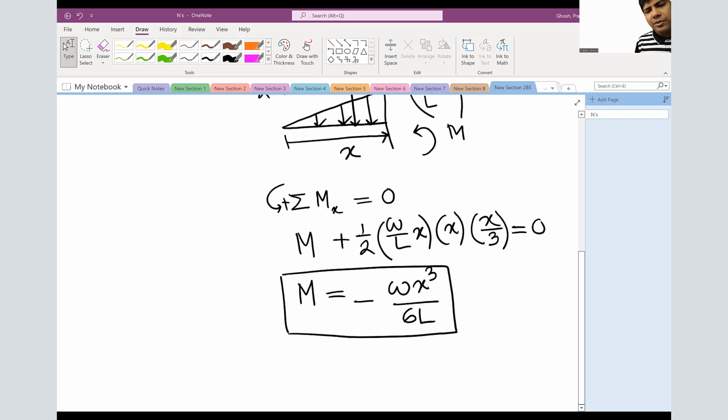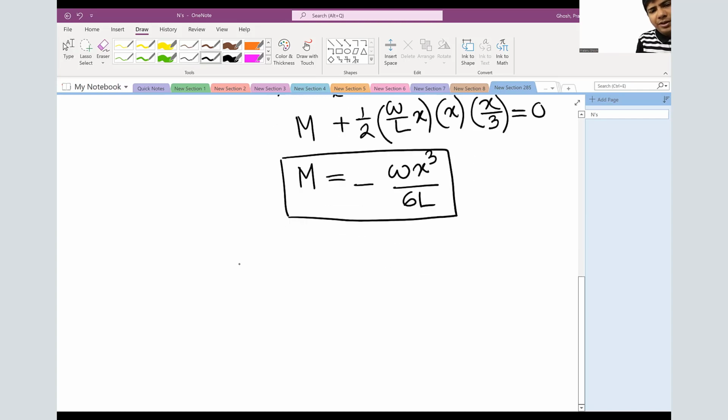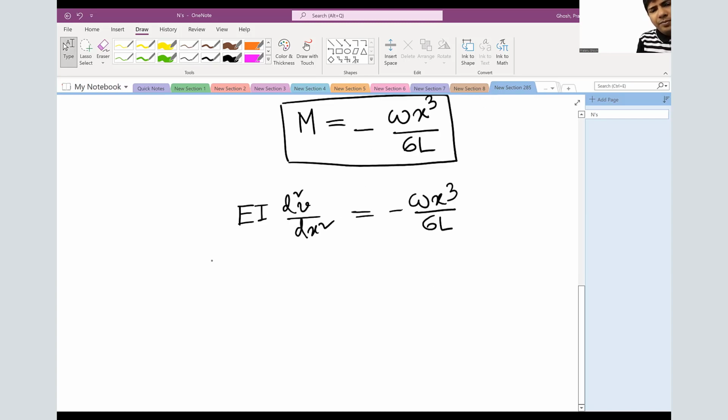So now let's go through our elastic curve equation. EI d2v/dx2 is equal to negative W x cubed over 6L. If we integrate one time, we'll obtain the slope, EI dv/dx.